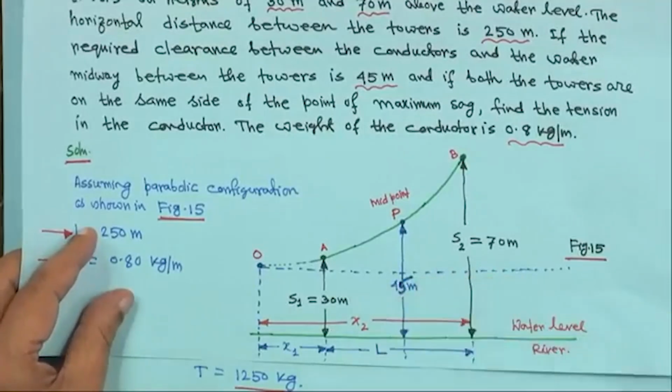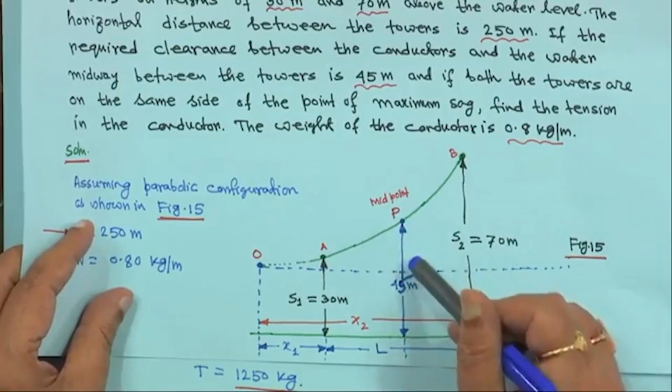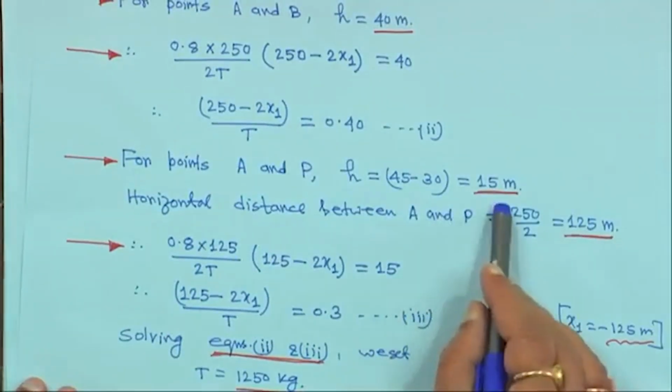By mistake I wrote 40, it is 45 meter. Therefore, this distance is 45 minus 30, so 15 meter. So, this H is equal to 15 meter.